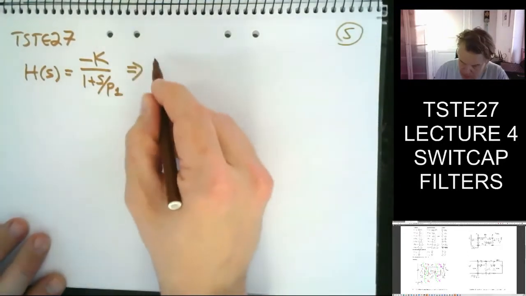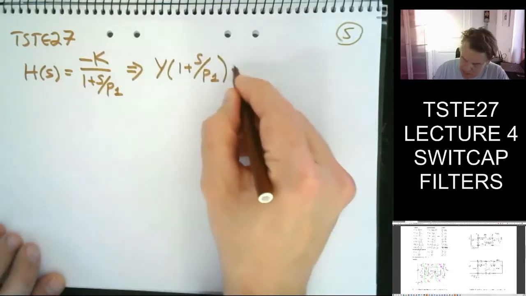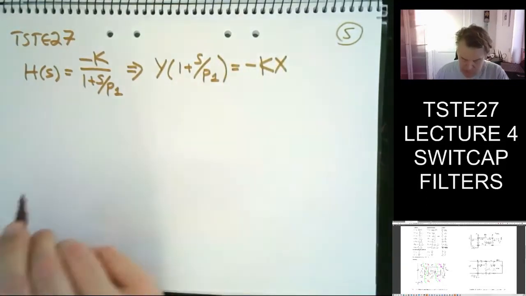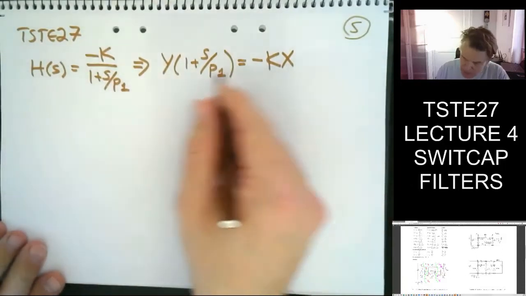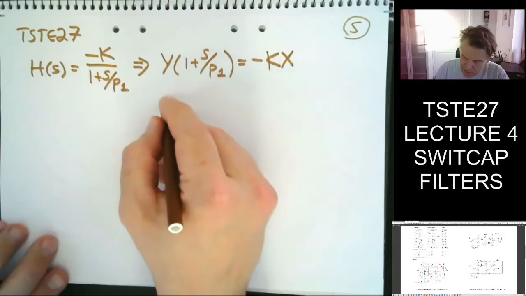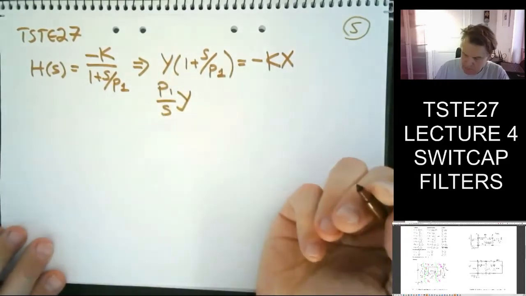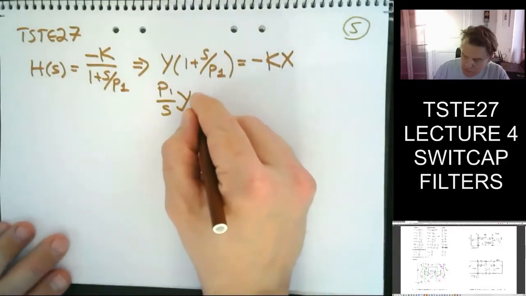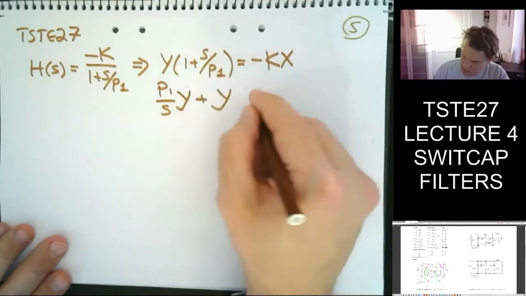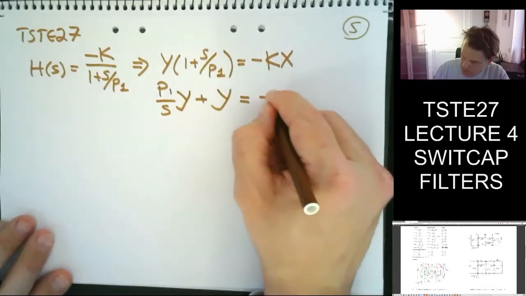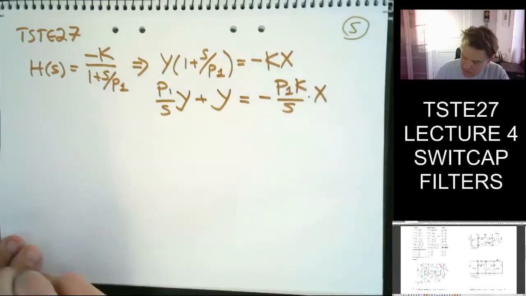Then we get that Y times 1 plus s over p1 is equal to minus KX. I can multiply both sides with p1 over s, so I get p1 over s Y plus Y is equal to minus p1 K over s times X.